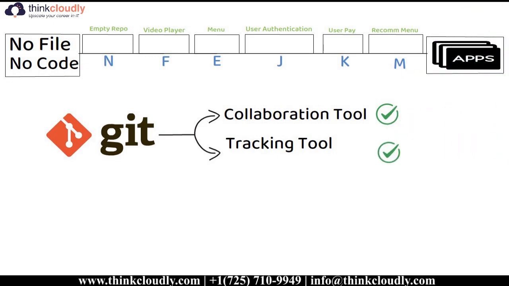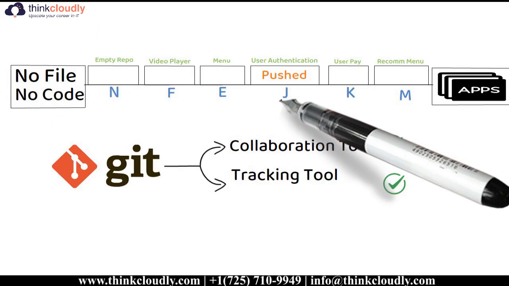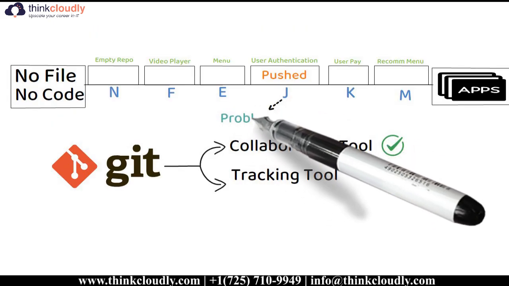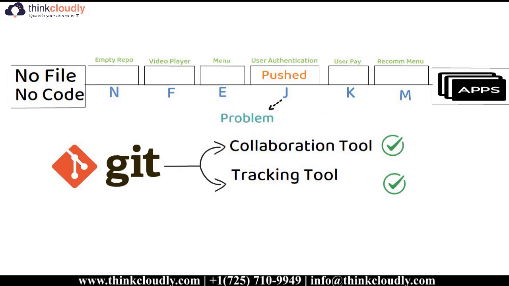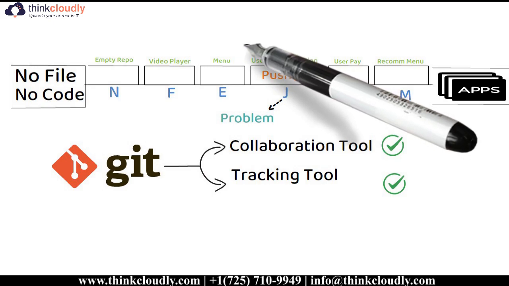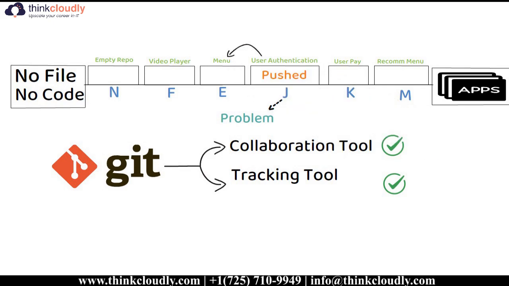Now let's imagine that when Jackie pushed the code at this step, there was a problem. At this point of time, can we go back to the previous version, which was only with the menu?